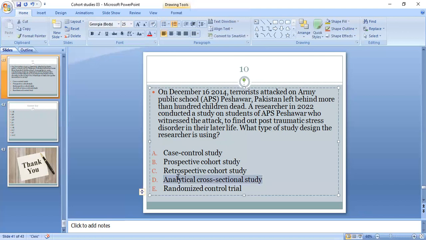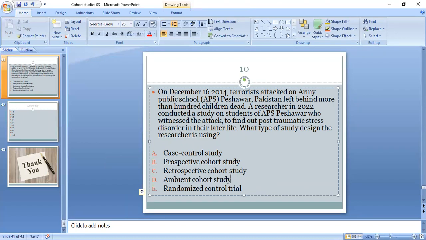Another important thing is sometimes we also have the study design where we have the cohort study along with a nested case control study. All those who develop the cases, who develop the post-traumatic stress disorder, can give their detailed history.